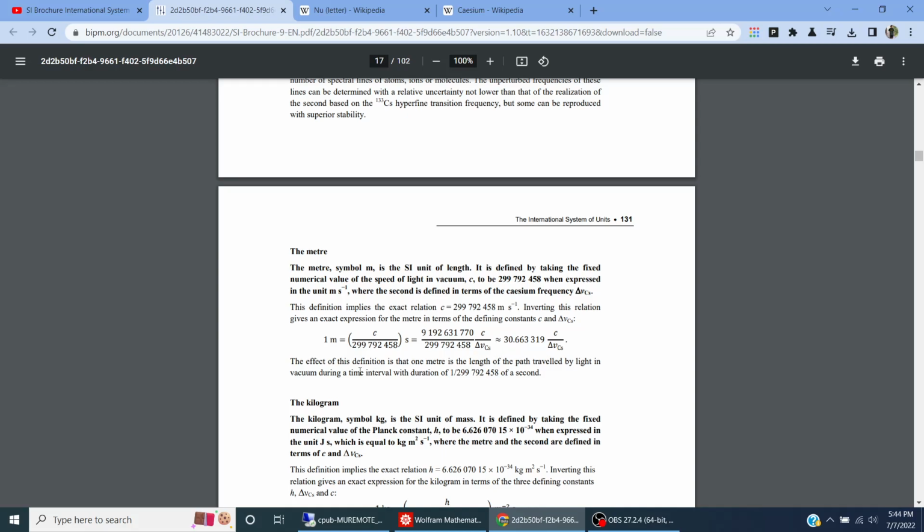The effect of this definition is that 1 meter is the length of path traveled by light in vacuum during a time interval with duration 1/299,792,458th of a second.